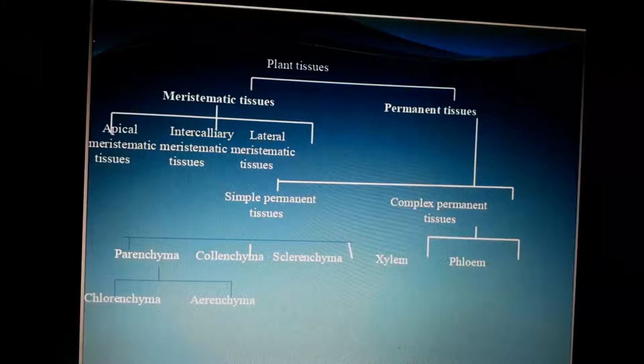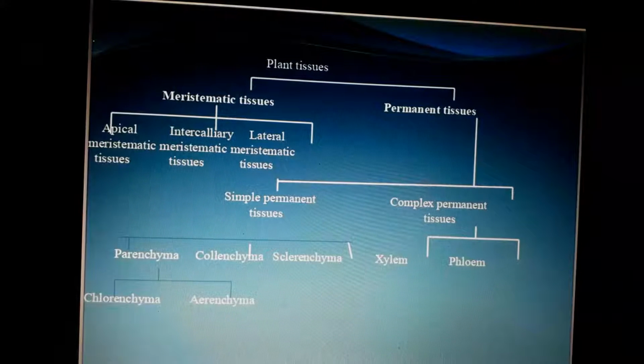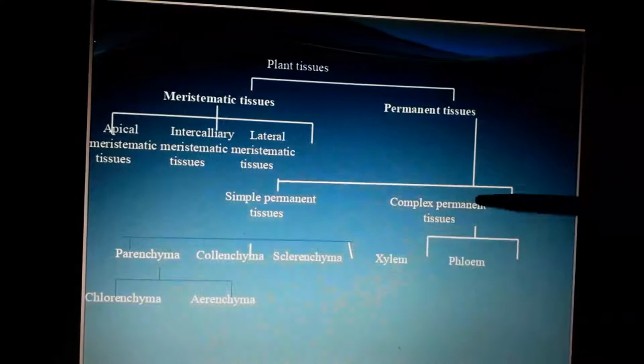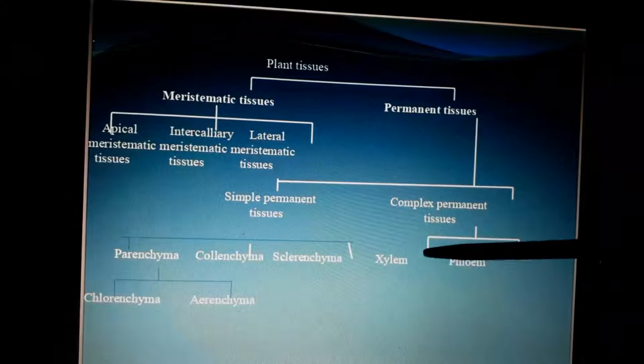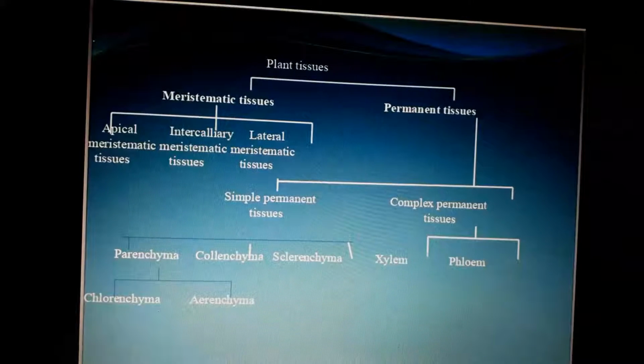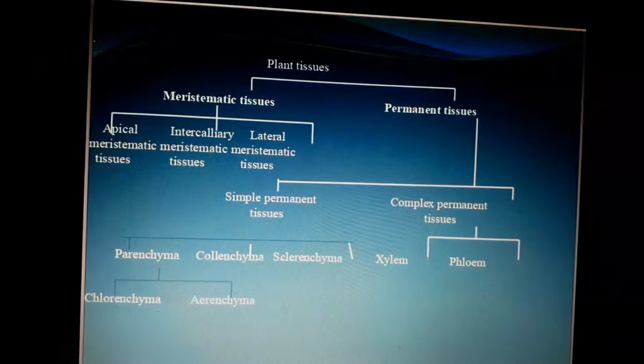They just act like pipes, like the blood vessels in our body. Xylem and phloem you will study in 10th standard in detail, in photosynthesis and transportation in plants. Here you must study the definition of xylem and phloem. Their work is to transport minerals, water and all throughout the body of plants.